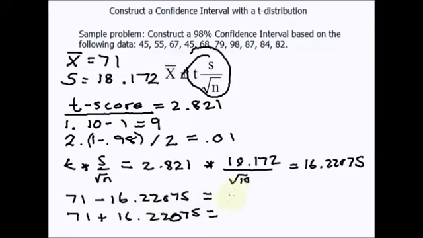And 71 minus 16.22075 is 54.77925. And if I add this number to 71, I get 87.22075. This is the lower level for the confidence interval, and this is the upper level for the confidence interval.